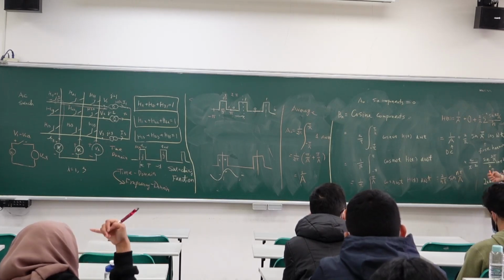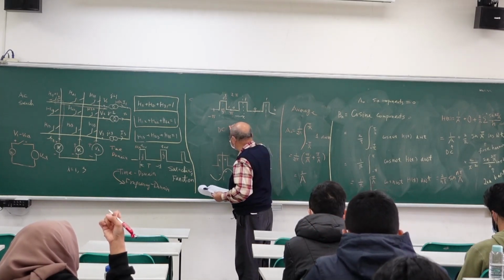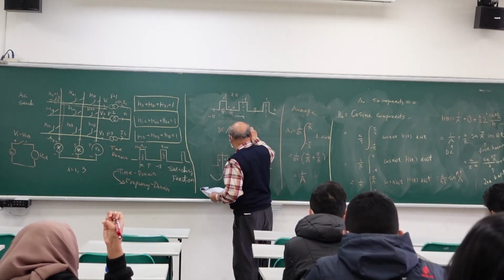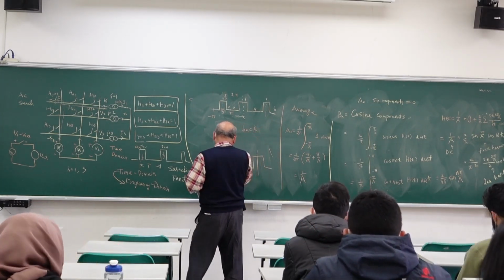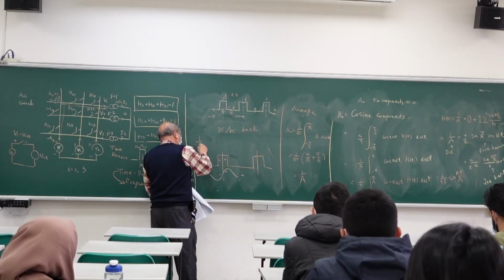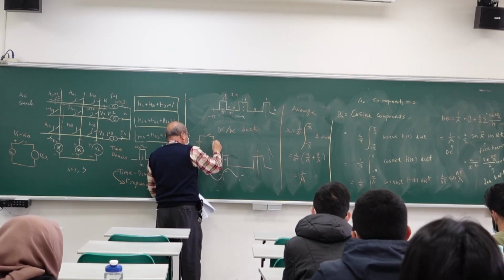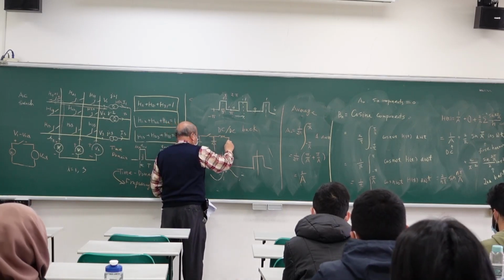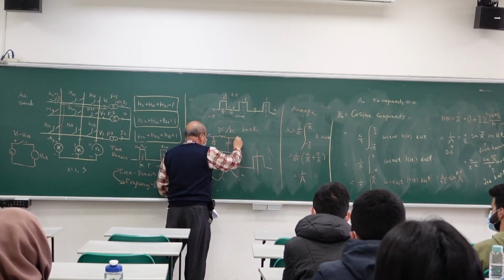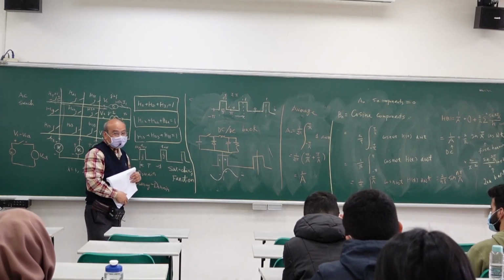So if you design a DC to DC buck converter, then you have the duty cycle like this. So you have input, you have switch, you have diode, you have inductor, you have capacitor, you have resistor. So you have a buck converter, right?